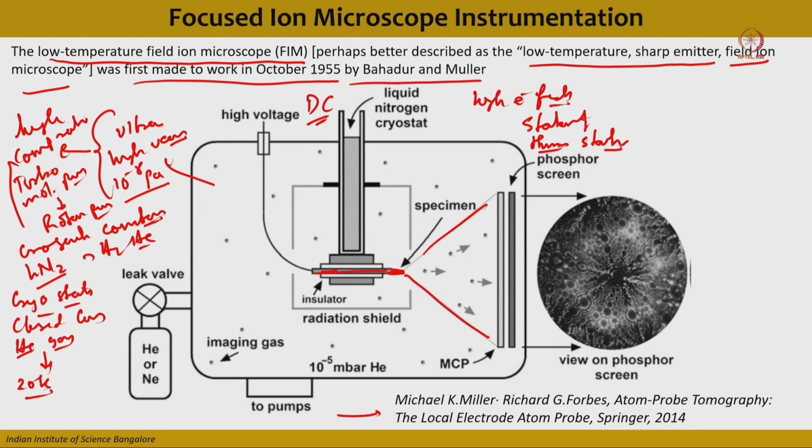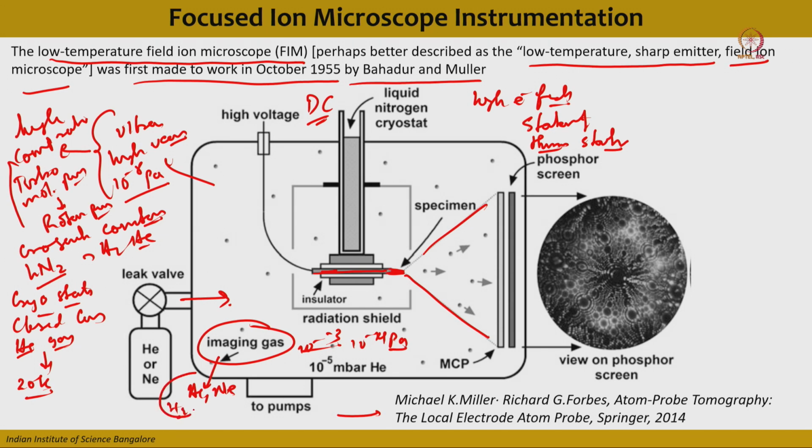an imaging gas is introduced into the chamber at a low pressure, between 10 raised to power minus 3 to 10 raised to power minus 4 pascals. The most commonly used imaging gases are helium and neon, and sometimes hydrogen is also used.